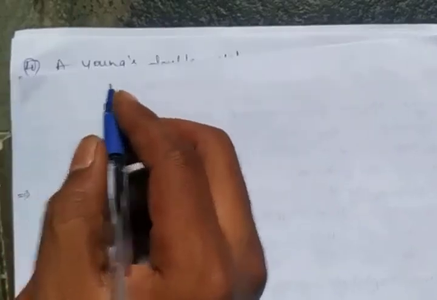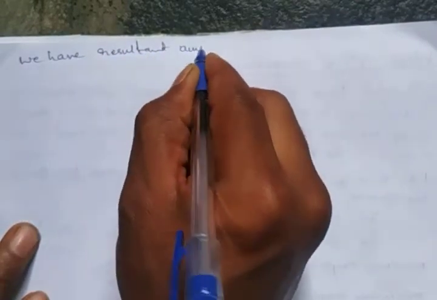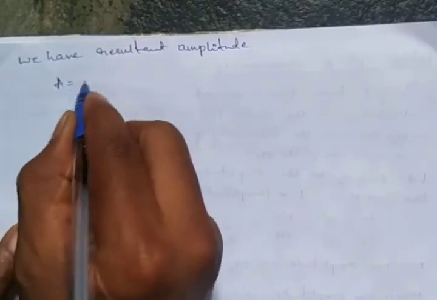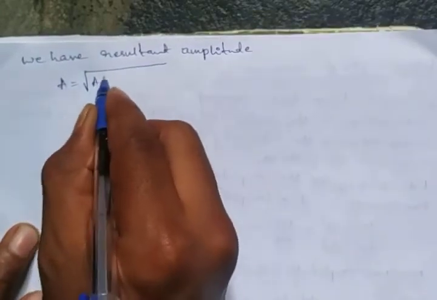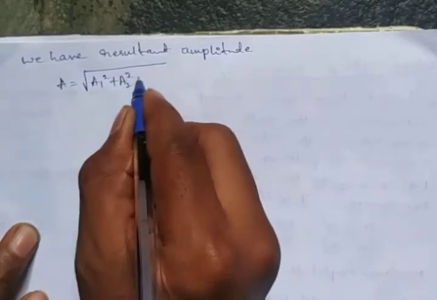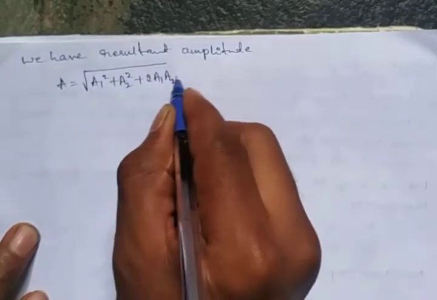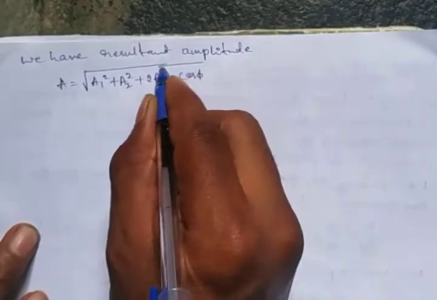The formula for the resultant amplitude is A equal to square root of A1 square plus A2 square plus 2A1A2 cos phi.